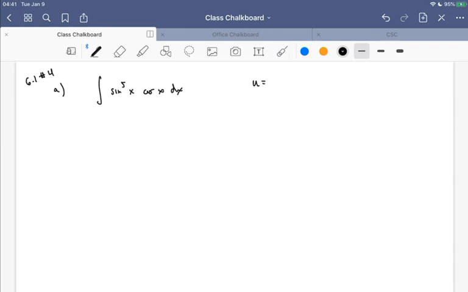We have to do a u substitution, right? So what are we going to make u? We could make it sine, we could make it cosine, we could make it sine to the 5th, although that won't work. Those are really the only three options.